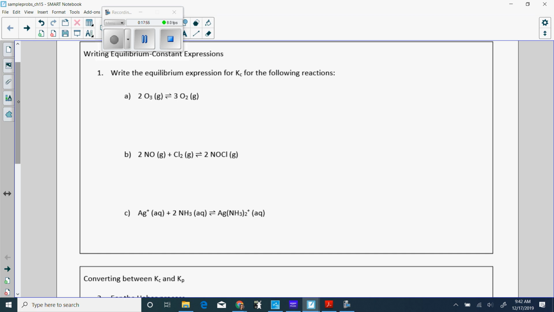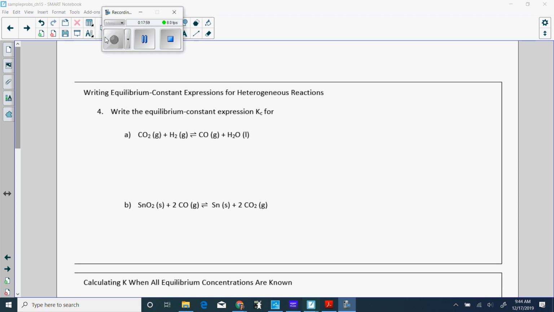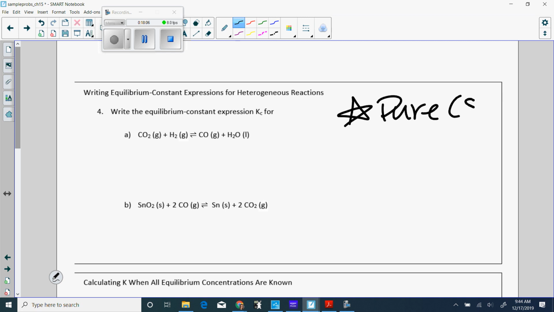Writing the products over reactants, coefficients become exponents. Pure solids and pure liquids don't have molarities.